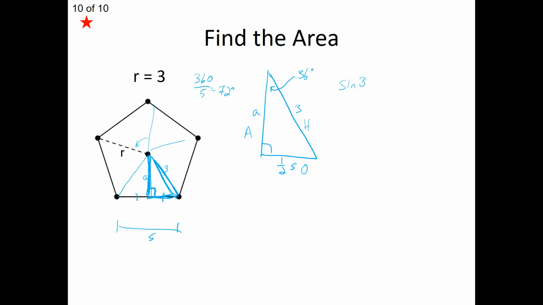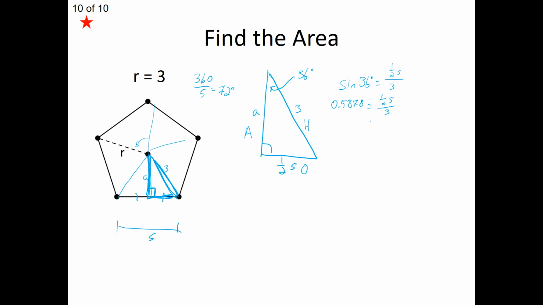Sine of our angle, 36 degrees, is equal to our opposite side, which is 1/2 S, over our hypotenuse, which is the length of 3. We're going to then solve for S. I like to start by turning sine of 36 degrees into a ratio, 0.5878, which equals 1/2 the side length over 3.